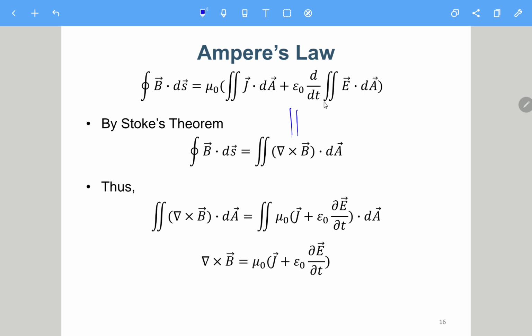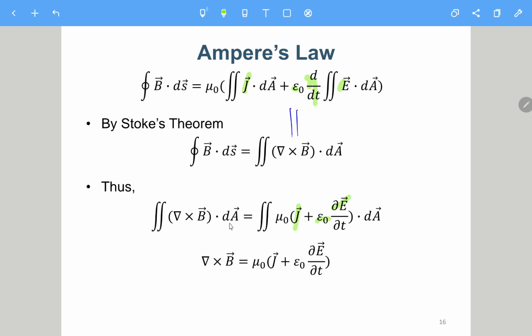Okay, so we can merge all the things together because the surfaces of these two integrals are actually the same. So we can just put mu naught inside, and then merge these two integrals together. So we have J plus epsilon naught partial E partial t here, like this.